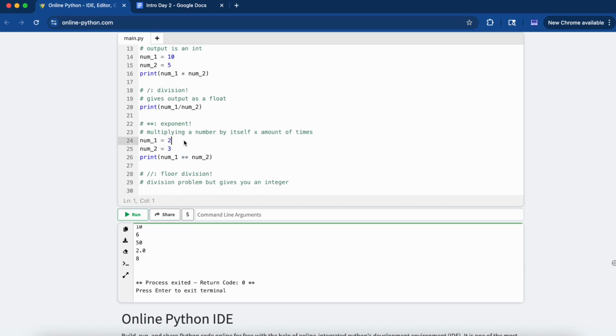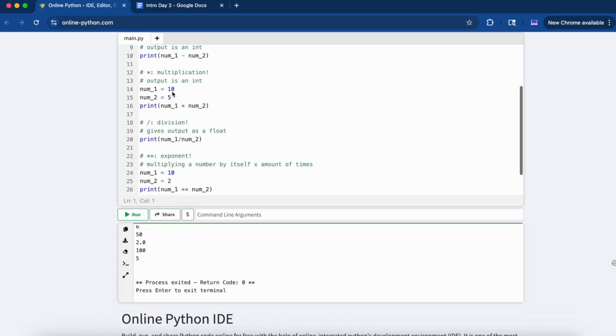So let's say we set num1 back to 10 and num2 back to 2. Let's try a division problem with floor division. So now if we do num1 and then floor divided by, so 2 division symbols, floor divided by num2, we would just get 5, which works out.